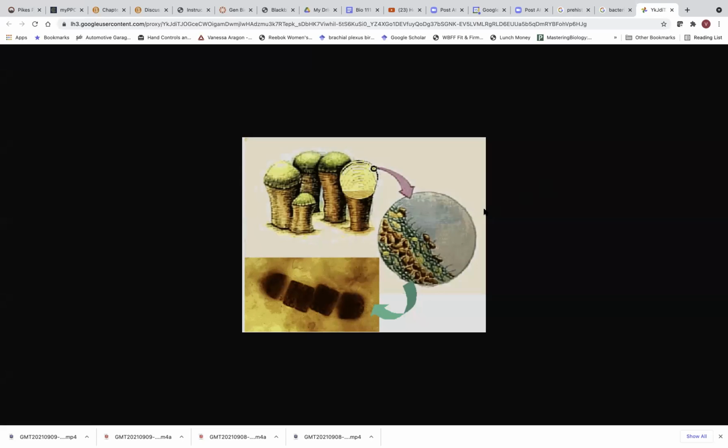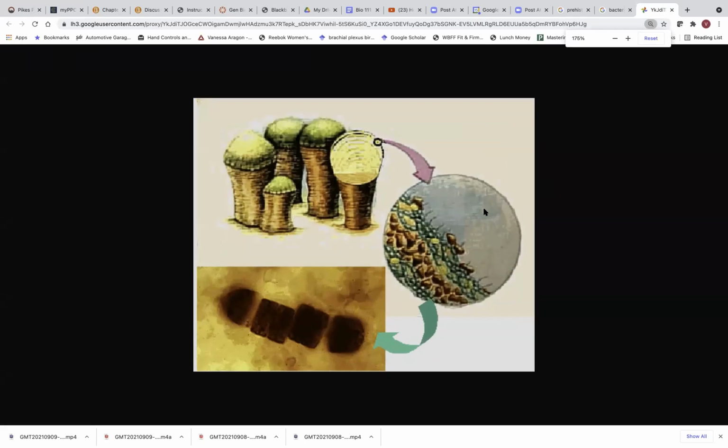What we're looking at here is a cross section of those, and as you can see, here are the bacteria. Let me do it in black so you can see the difference. This is a bacteria and a bacteria and a bacteria and so forth, and it has these huge chains of bacteria.